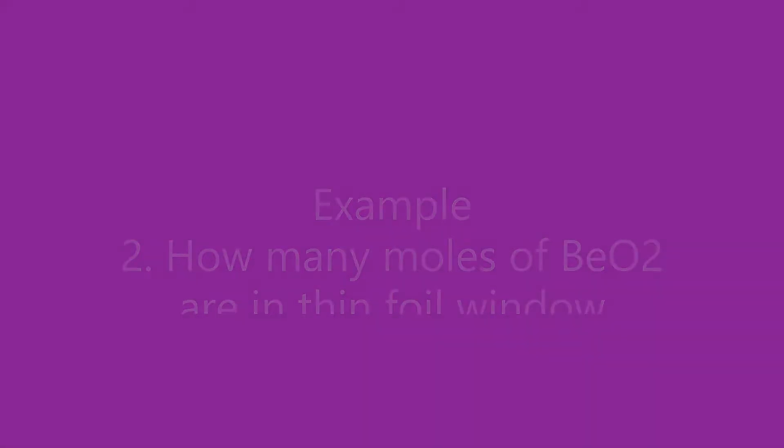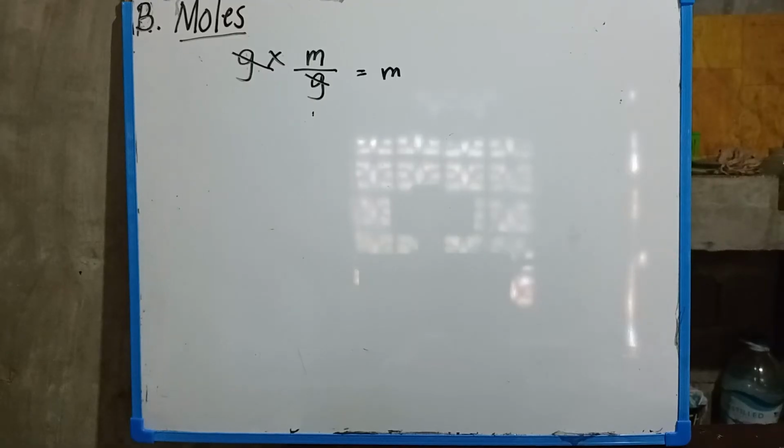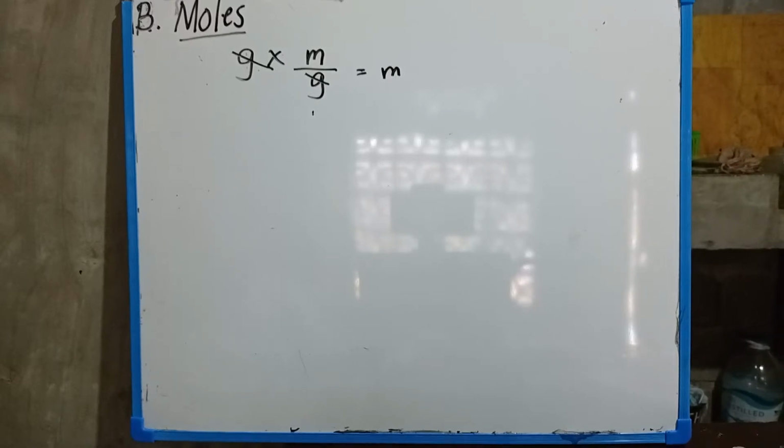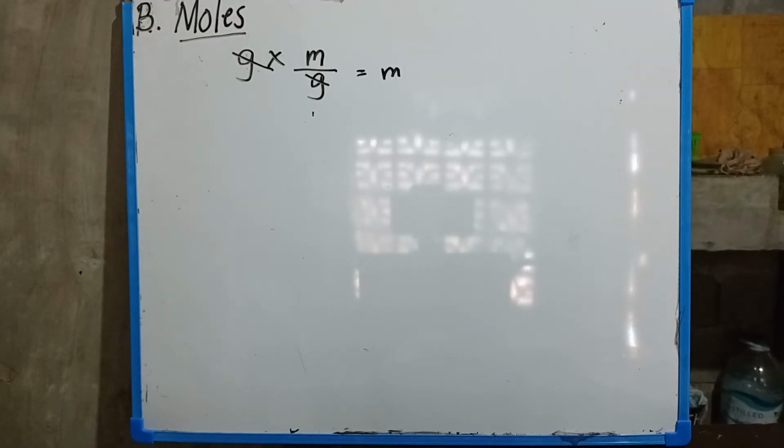So, for example number 2, we are also going to get the mole of a compound. Earlier, we only solved the mole of a certain element. For number 2, we're going to get the mole of a certain compound. So beryllium dioxide is a light metal compound which is used to fabricate transparent X-ray windows.